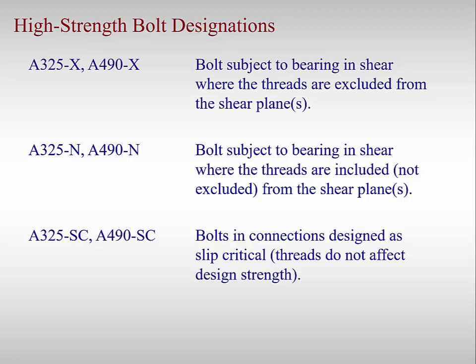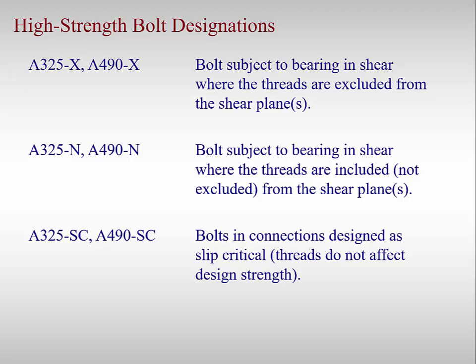For slip-critical bolts, there is only one designation, which is SC, since the load is transferred by friction between the faying surfaces. Therefore, shear planes do not form, and the location of the threads is irrelevant.